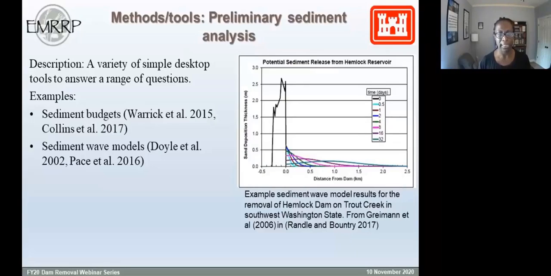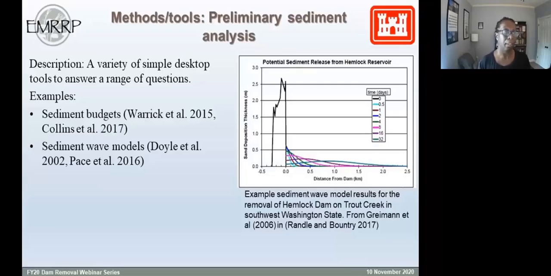Here's an example of a sediment wave model results for the removal of Hemlock Dam on Trout Creek, and basically by inputting certain information into the system, they were able to determine or to predict sediment or sand deposition thickness and the distance from the dam.